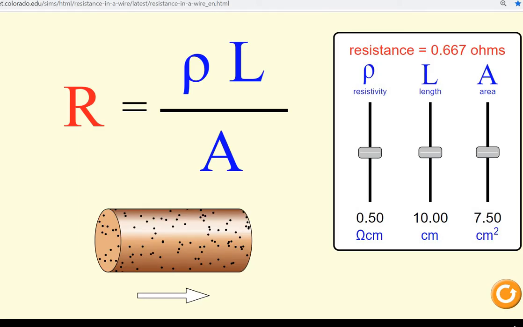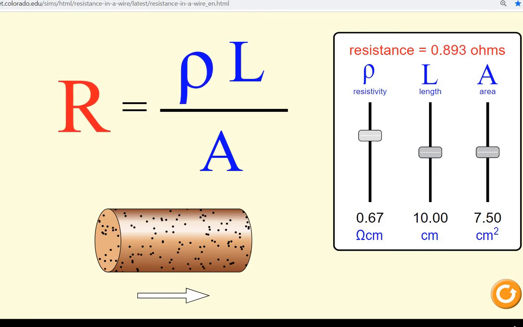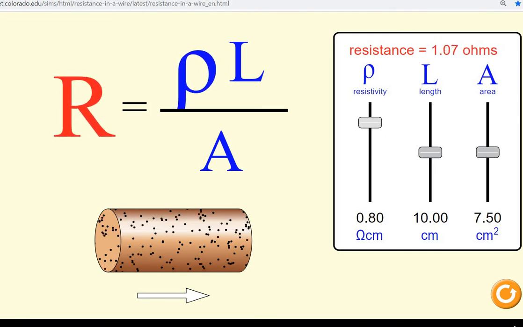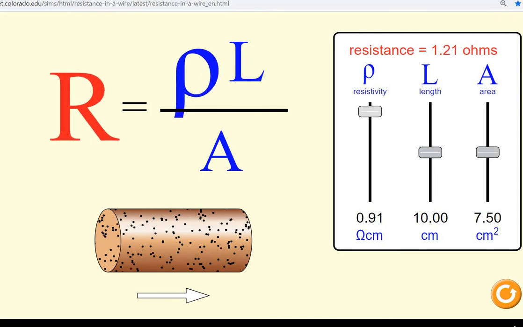Let's look at a visual representation of this equation. Resistivity, which is a material property, as it increases, for example aluminum may be a little higher, or for non-conductors the resistivity may be even higher.